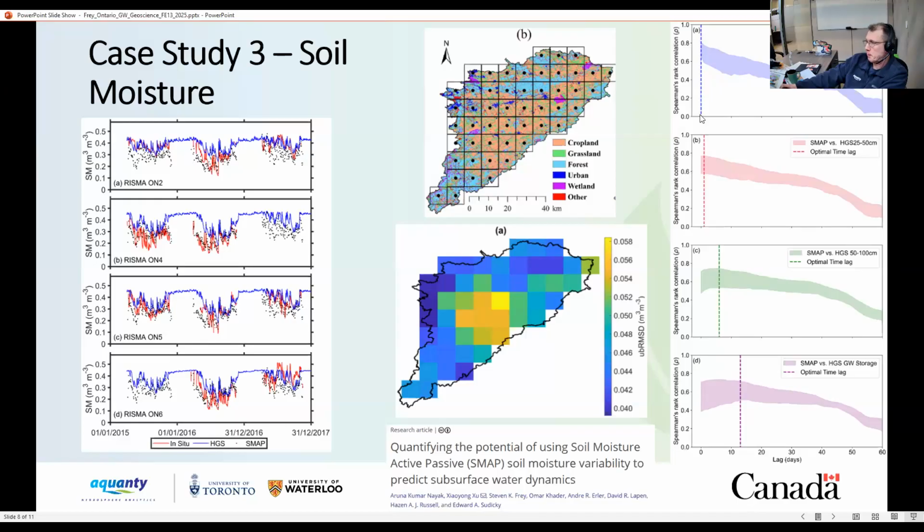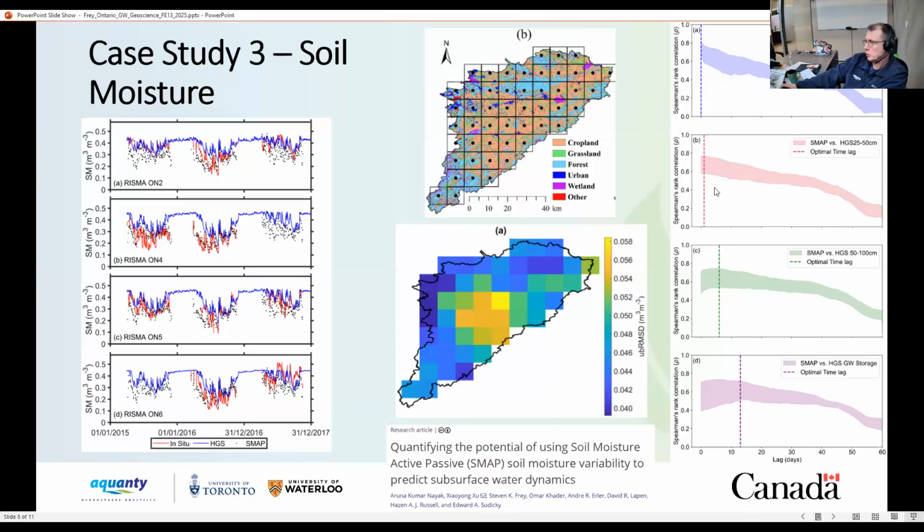And what we see, and this corroborates with other information in the literature, but now we can essentially turn fully integrated groundwater surface water models into a prediction tool for this, is that as we see soil moisture fluctuating, that soil moisture fluctuation is going to impart a latent signal response into subsurface storage changes. And as we move deeper down into the subsurface, we see a longer lag time between the surface soil moisture fluctuation and changes in subsurface storage.